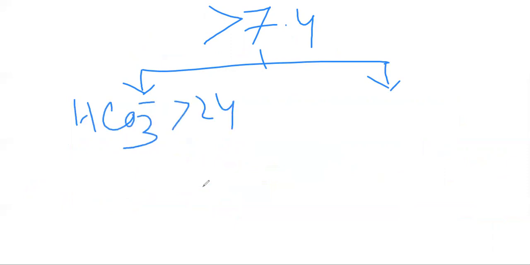Now, if pH is more than 7.4, then it can be either metabolic alkalosis or respiratory alkalosis. In case of metabolic alkalosis, bicarbonate should be more than 24, and in case of respiratory alkalosis, PCO2 should be less than 45 or 40 millimeter of mercury.